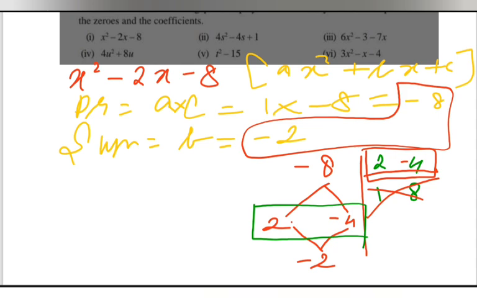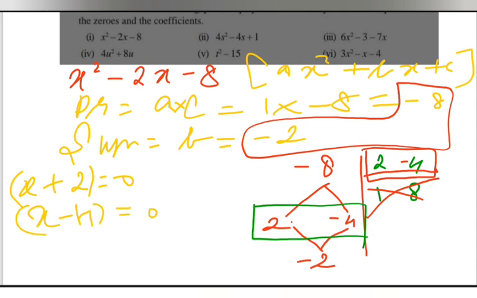So these are not actually the zeros. We should add x. So x plus 2 is equal to 0. Actually the zeros must be in this form, and x minus 4 is equal to 0.